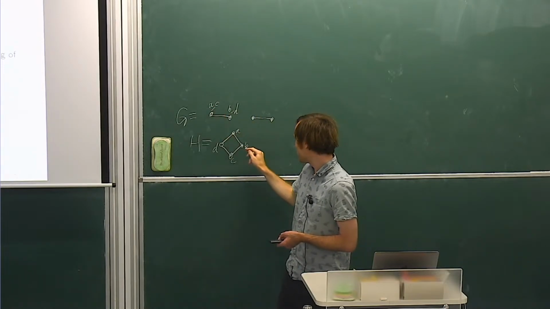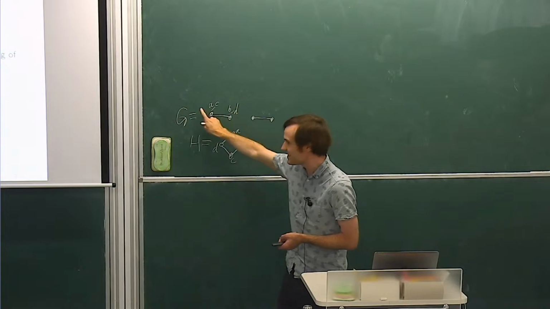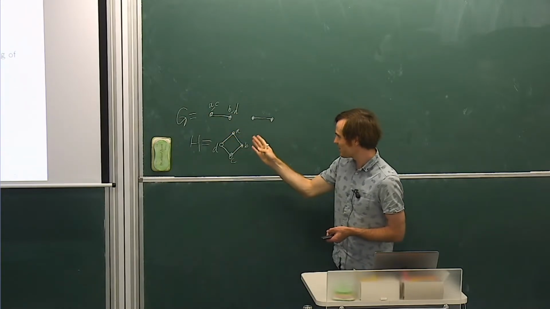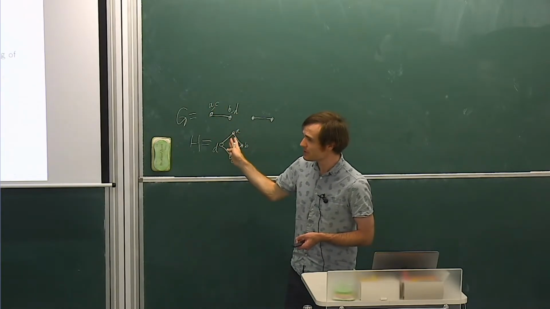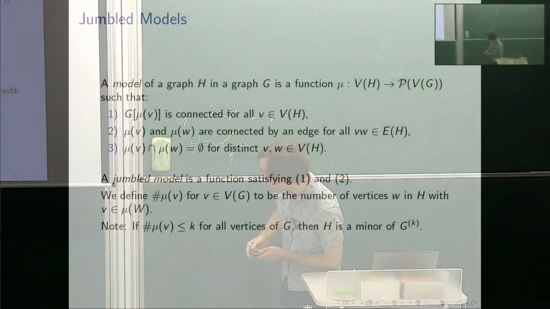So now there's an edge between A and B, C and D, and D and A. So it preserves property 2.